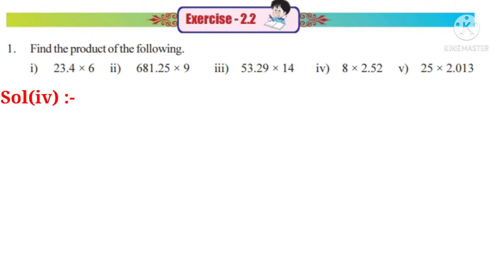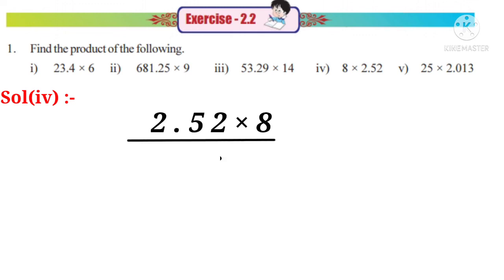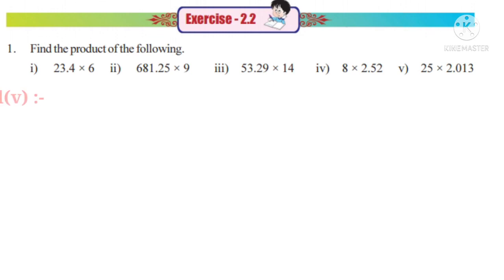Instead of multiplying 8 with 2.52, let us multiply 2.52 with 8. Then we get 2016. Observe that there are two decimal places in the first number. So we should put the decimal point in the product counting from right side to left side after two digits, that is 20.16. Now solution 5.